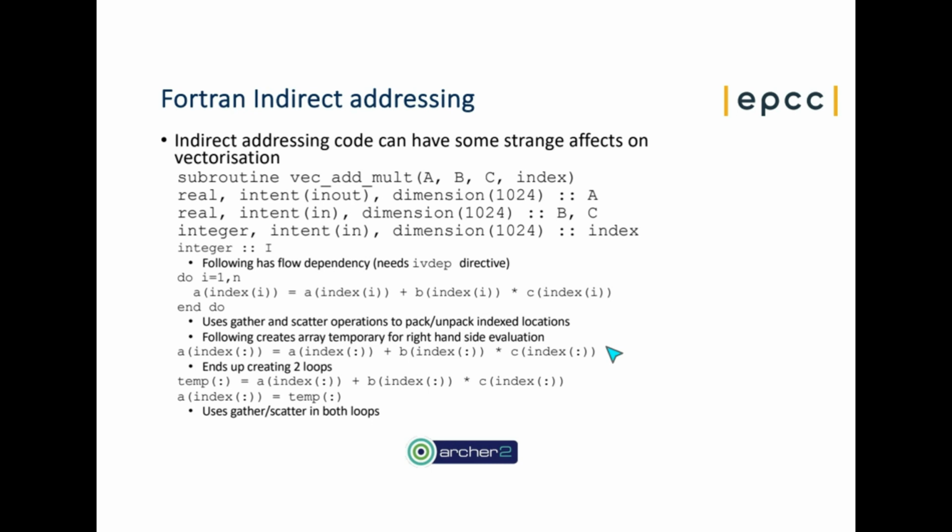It's basically having to do a bunch of loads to gather things together in a contiguous temporary, and then use the temporary. So there's an increased cost. It can imply some temporary storage, so an extra copy of things. But it will work, it just won't be particularly effective.